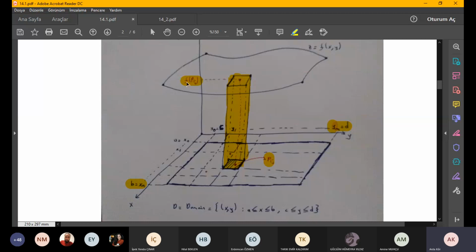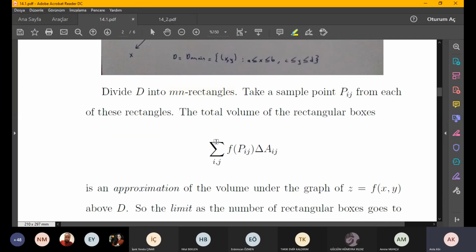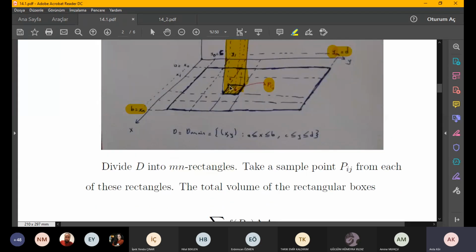So the volume of those boxes can be written as the sum of f(P_ij) times delta A_ij, which is this one. Delta A_ij is the area of the base here.